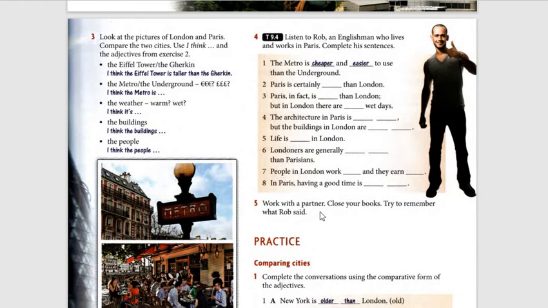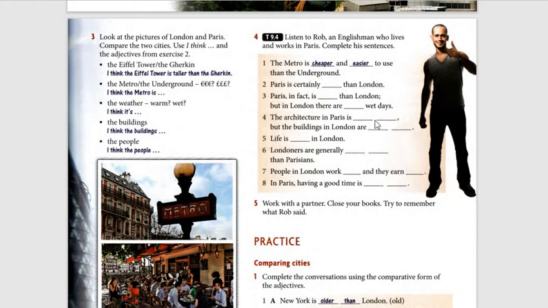So, as you watched or listened to these sentences, we used comparative adjectives derived from adjectives composed of one syllable, so the comparative adjectives ending with er.